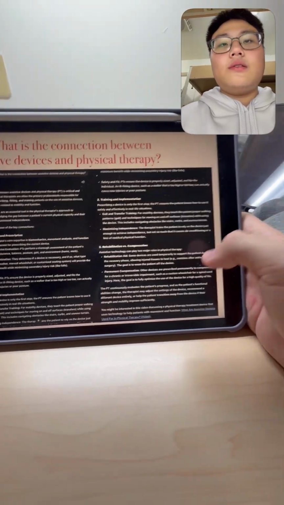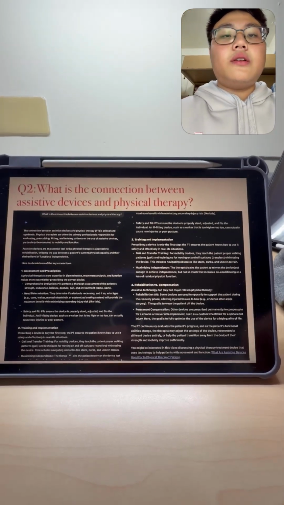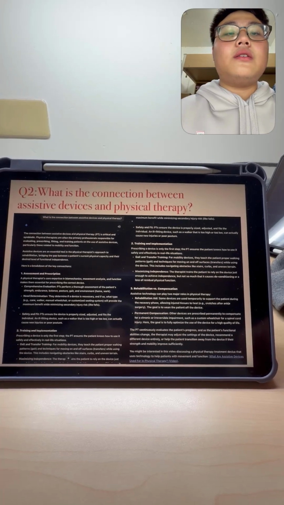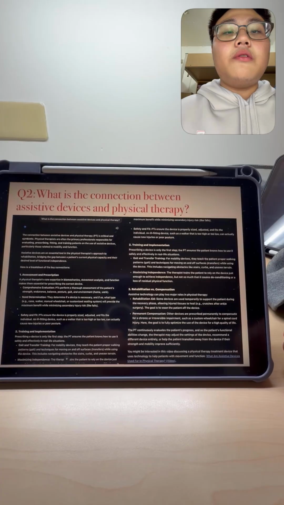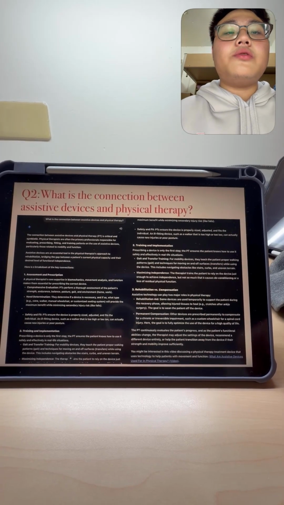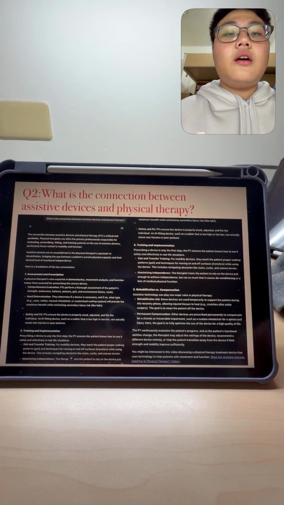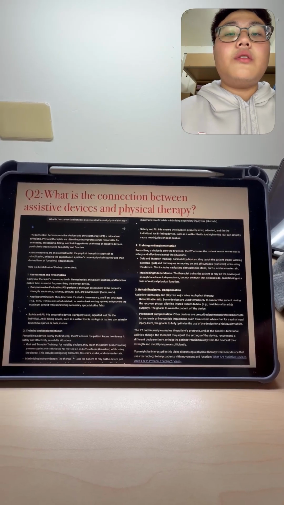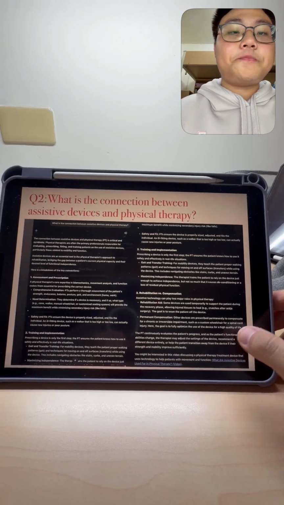Then the third one is rehabilitation and compensation. Assistive technology can play two major roles in physical therapy. The first major role is rehabilitation, as some devices are used temporarily to support the patient during the recovery phase, allowing injured tissues to heal. The goal is to wean the patient off the device.